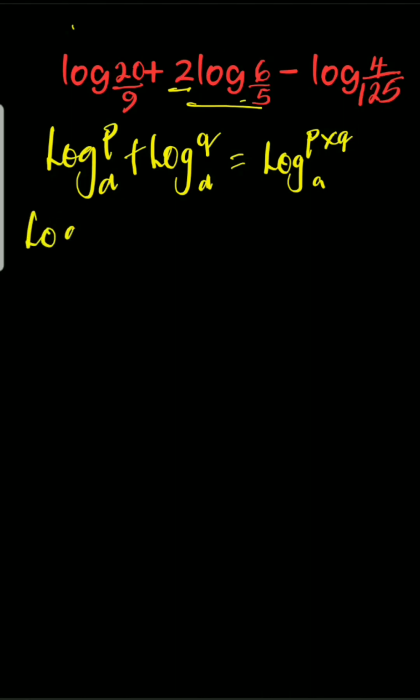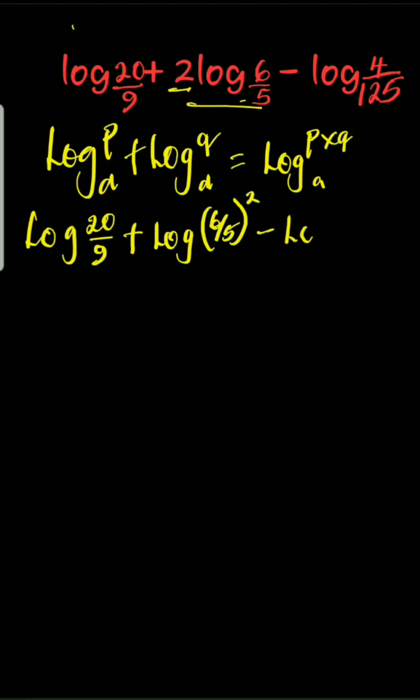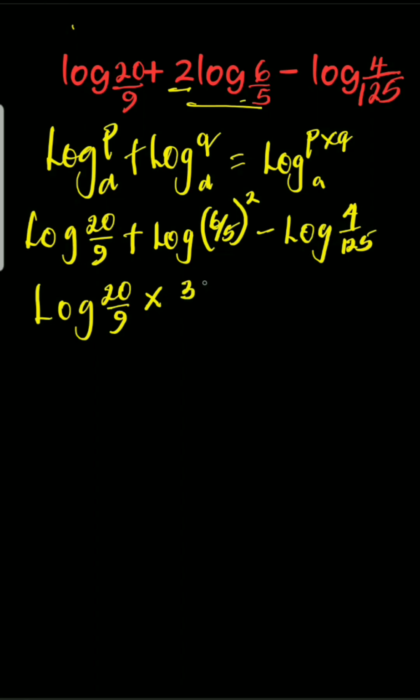And so I have this as log 20 over 9 plus log 6 over 5 all raised by 2, minus log 4 over 125. And so this is now log 20 over 9 times 6 raised by 2, that's 36, over 5 raised by 2, that is 25, minus log 4 over 125.